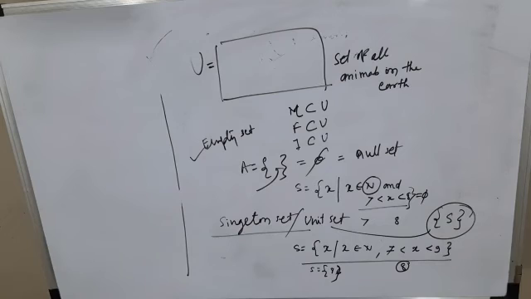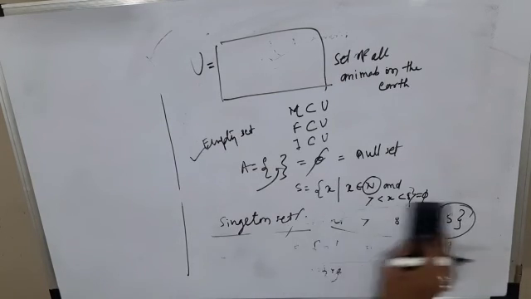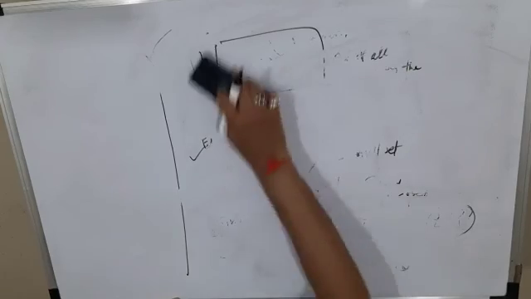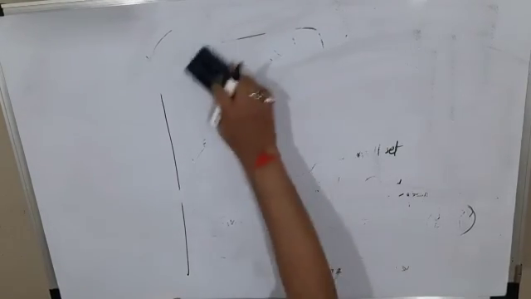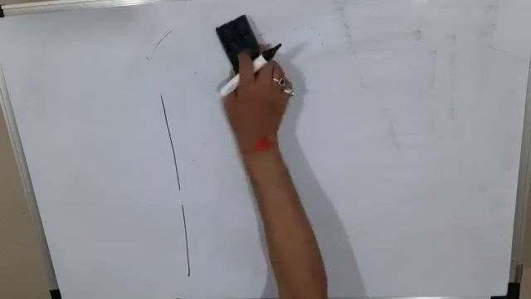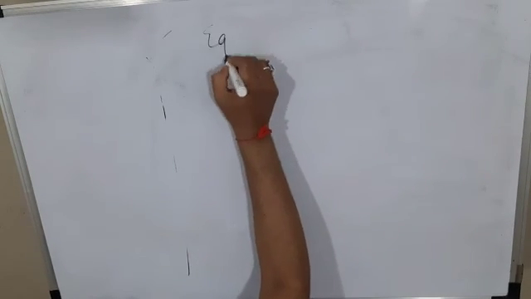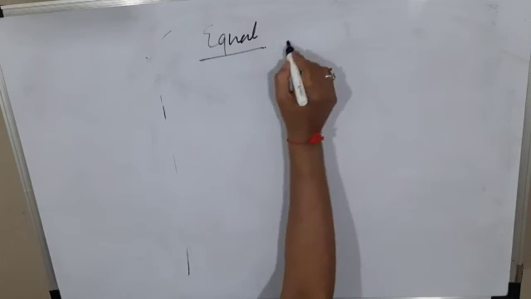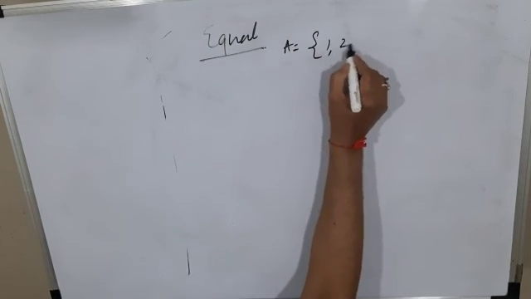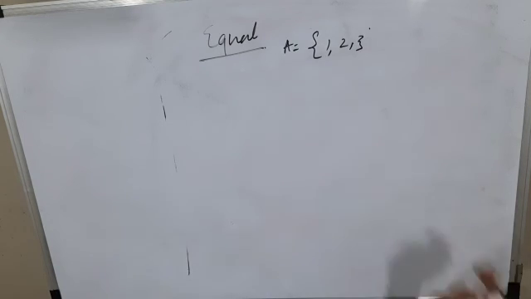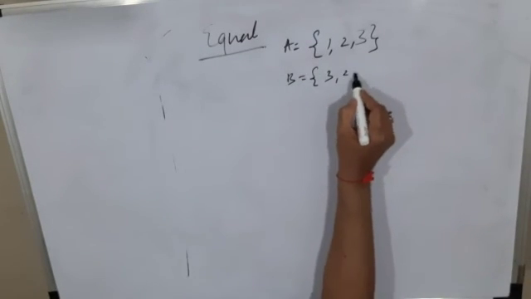What is an equal set? These are all the types of sets, and you have to remember them, because these are the basic concepts of set theory, and in any examination you can get confused with these sets. Suppose set A is 1, 2, 3 and set B is 3, 2, 1.